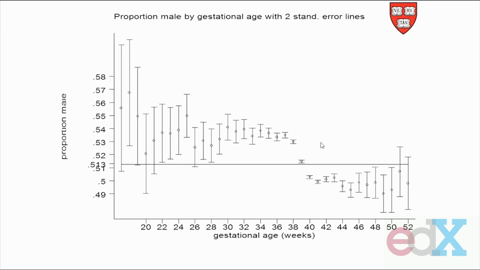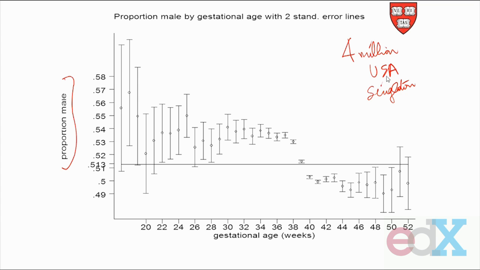Now, what are these data? These that you see in front of you are based on about 4 million singleton births in the USA. All right, and I'm looking at the proportion males. So this is singleton, be careful. So it's excluding twins and stuff like that.